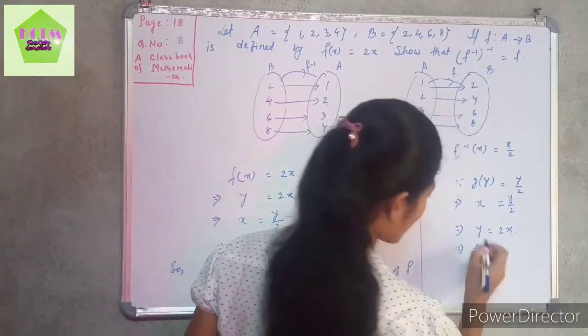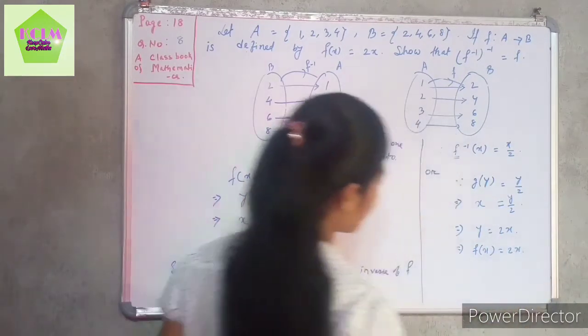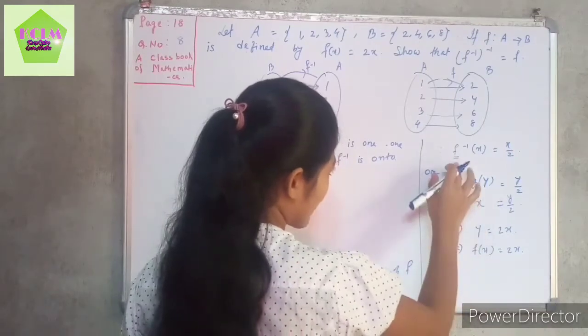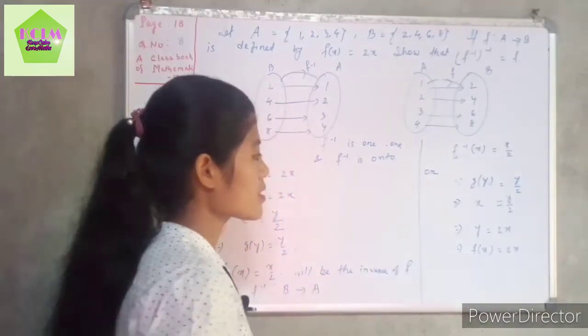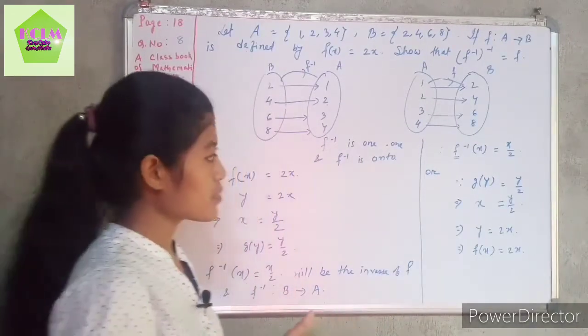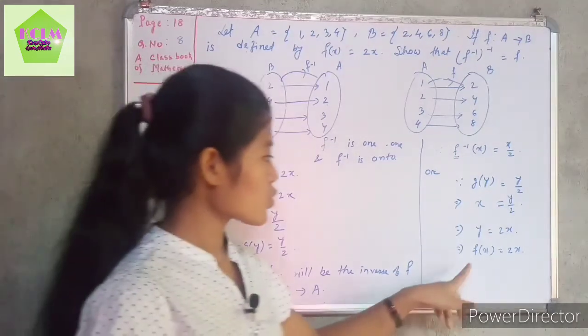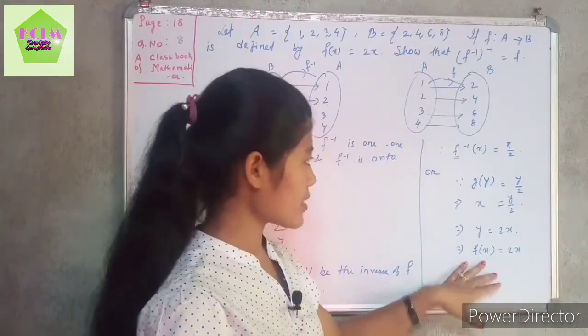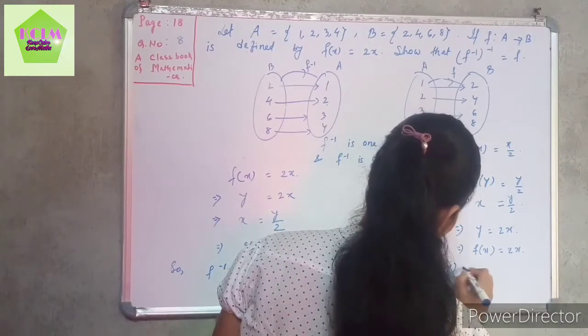Since this f inverse is one-one as well as onto, I am repeating this because it is very easy and simple. There is only one thing which is getting repeated. So f of x equal to 2x will be the inverse of this function f inverse.